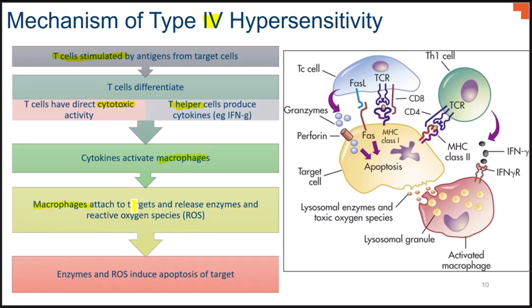Well, they're going to attach to the target cell and they're going to release enzymes. So this could be, let's say, the 4th time you've been exposed to poison ivy. Macrophages are going to attach to the skin in that area where you were exposed to poison ivy and release enzymes and also reactive oxygen species. And this is going to potentially cause apoptosis of the target cell.